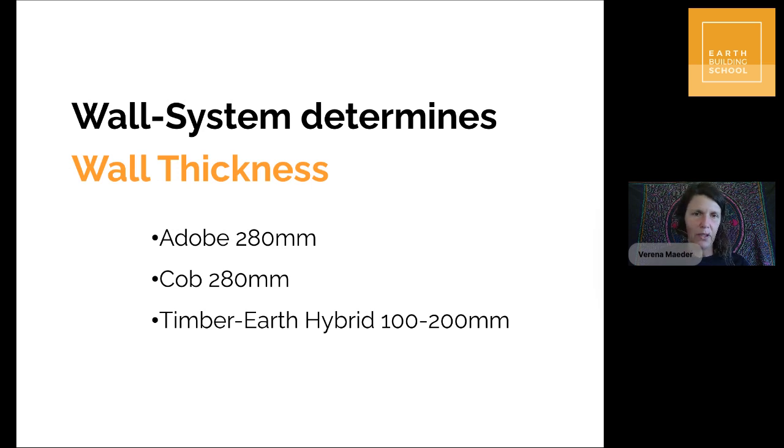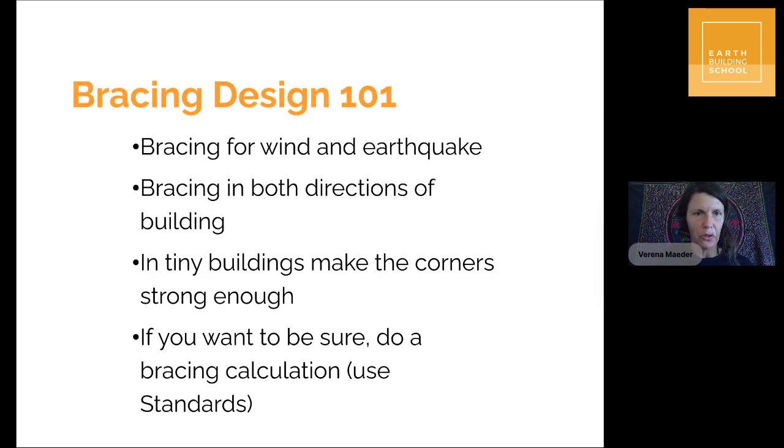Realistically, if you want to have enough insulation in there, it will be 200 millimeters. But that is really up to you. It depends what the building is used for, on your climate, and so forth. So just have a think about how thick your timber walls have to be in order to perform well for your location.